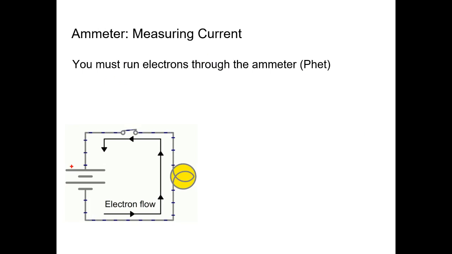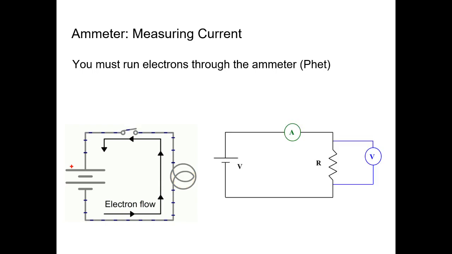So measuring current. This is just a key point that we must run electrons through an ammeter to measure current. Our circuit diagram is going to be very familiar to us. There are 4 things on the circuit diagram to point out. This A in a circle is an ammeter.